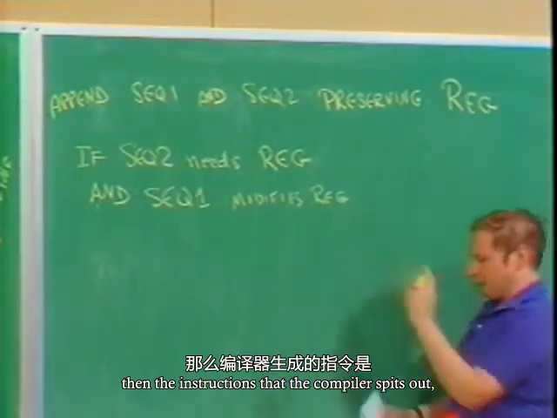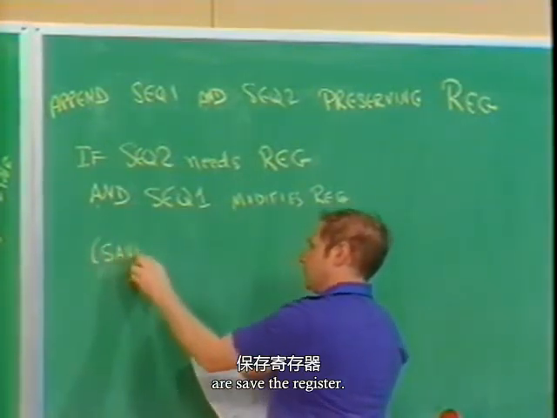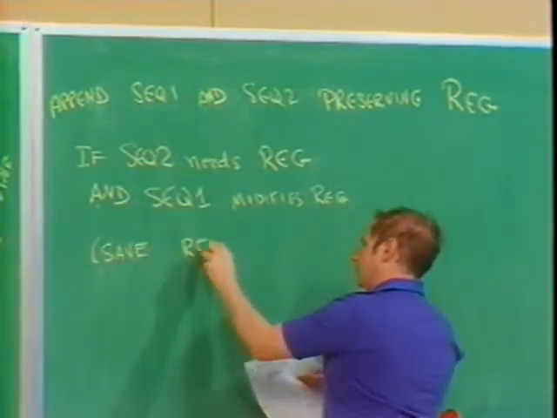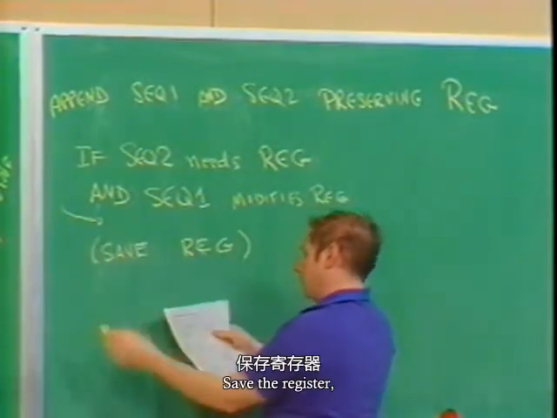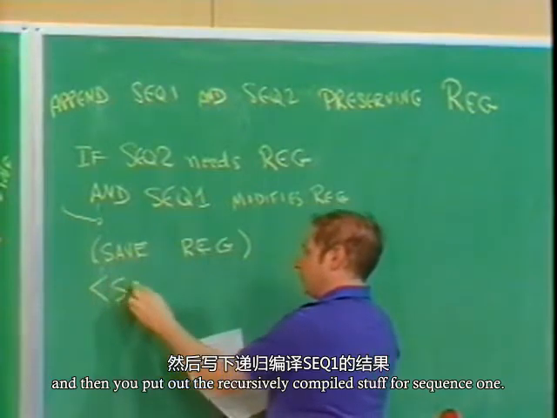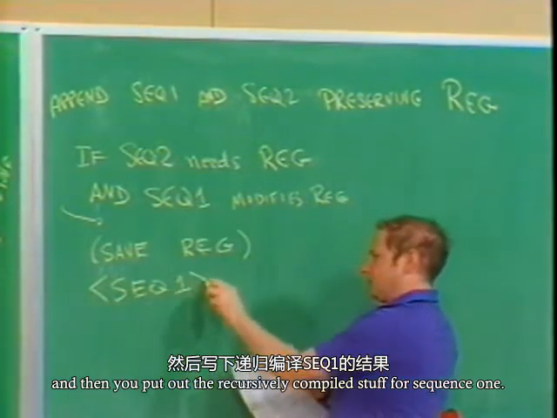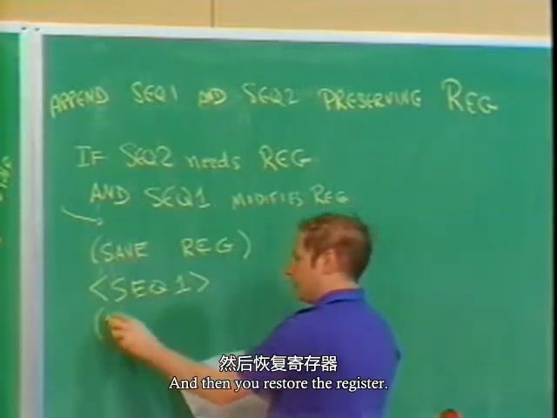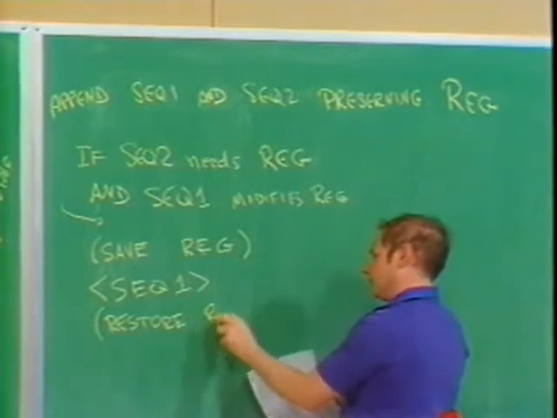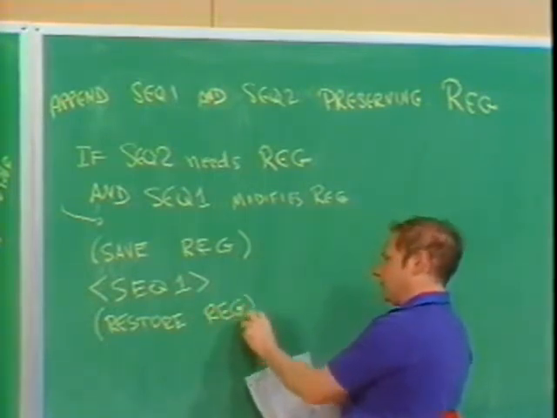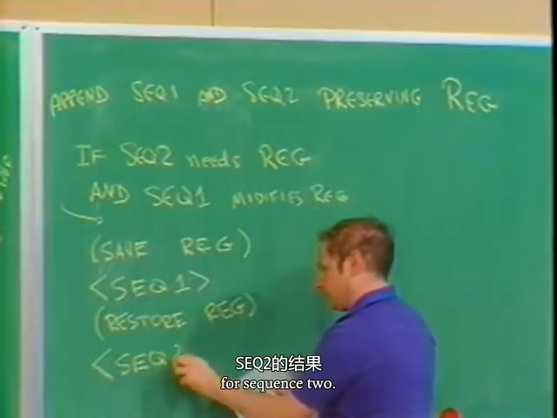then the instructions that the compiler spits out are: save the register. Right, here's the code. You generate this code, save the register, and then you put out the recursively compiled stuff for sequence 1, and then you restore the register, and then you put out the recursively compiled stuff for sequence 2.